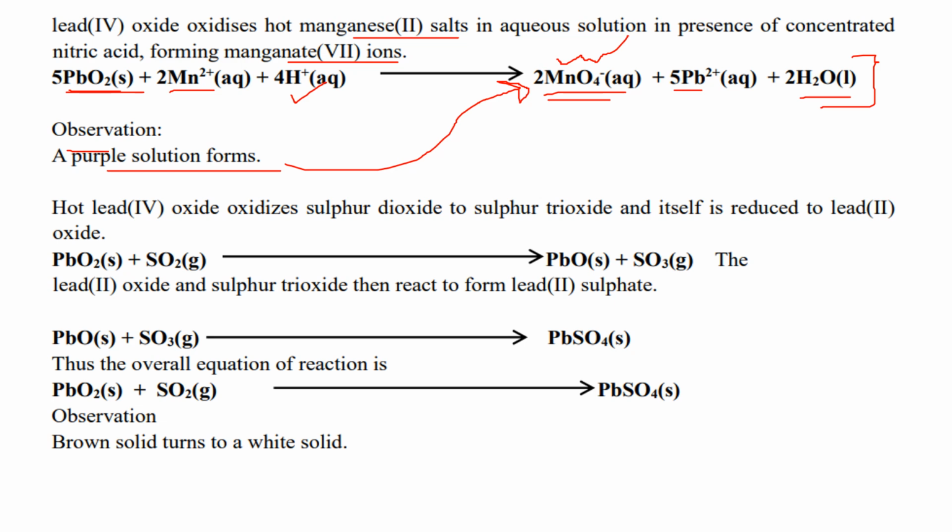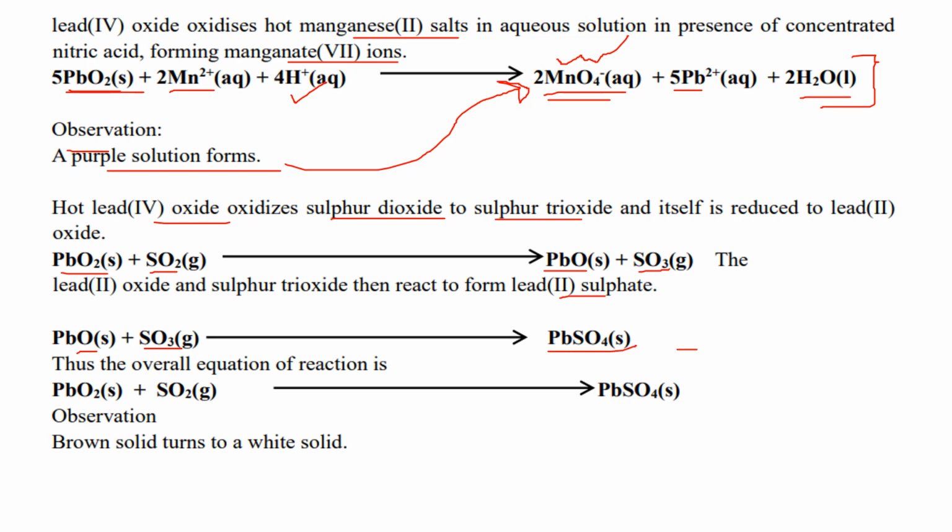Also, lead oxide oxidizes sulfur dioxide to sulfur trioxide and itself is reduced to lead 2 oxide. So in having lead oxide reacting with sulfur dioxide, you form what you call lead 2 oxide, or lead monoxide, and sulfur trioxide. And the lead 2 oxide and the sulfur trioxide then react together to give us what you call lead 2 sulfate. So the lead monoxide formed reacts together with the sulfur trioxide gas which is formed to give us lead 2 sulfate.